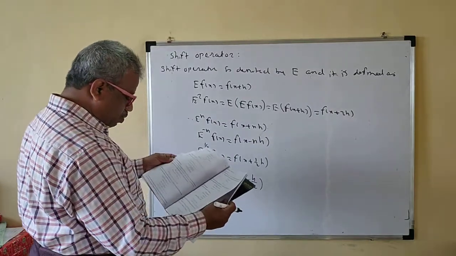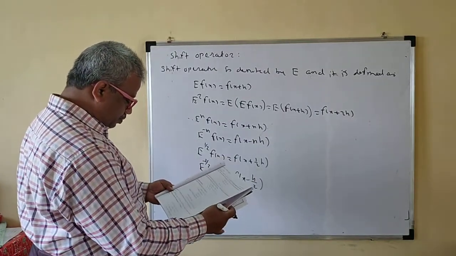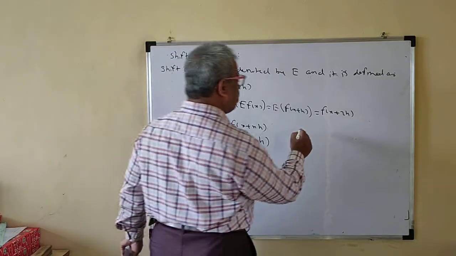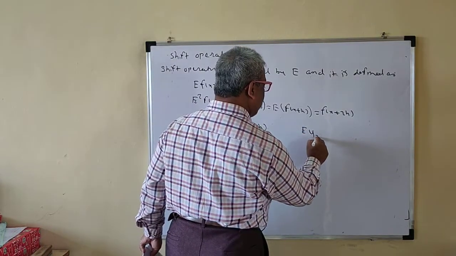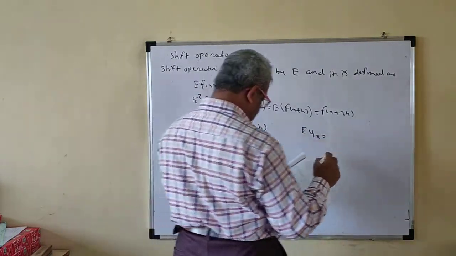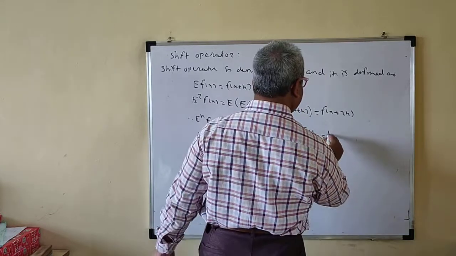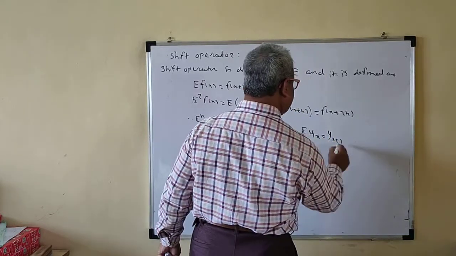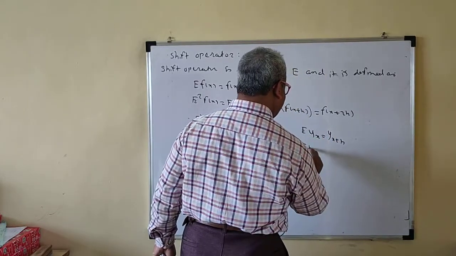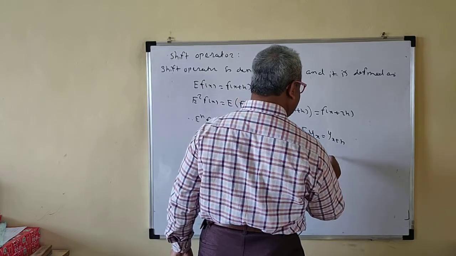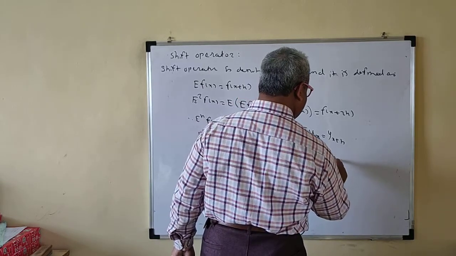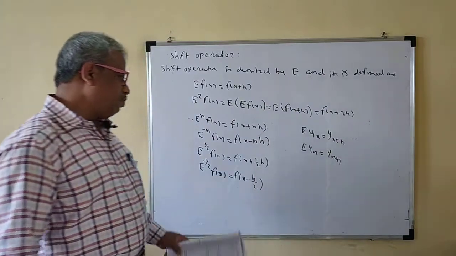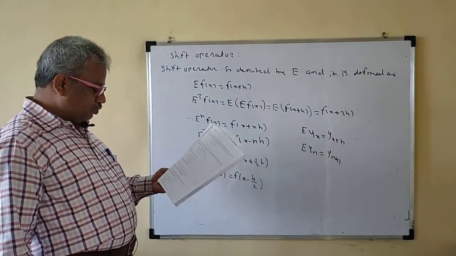So also we can write E of y x is equal to y of x plus h, and E of y n is the same as y of n plus 1.